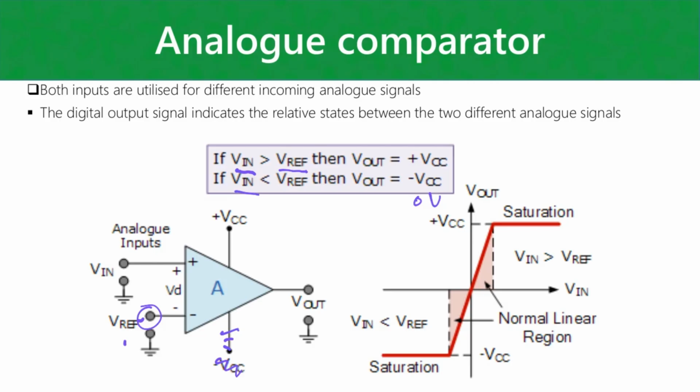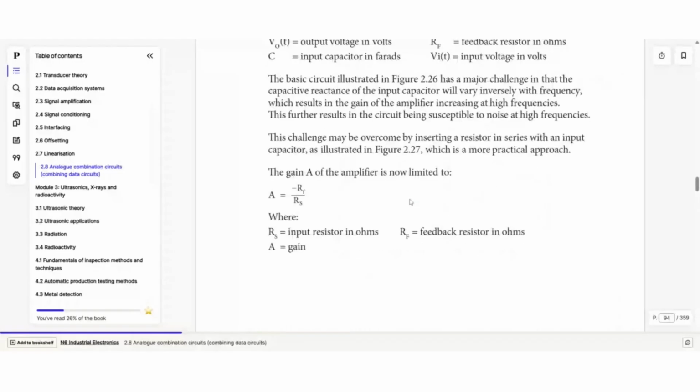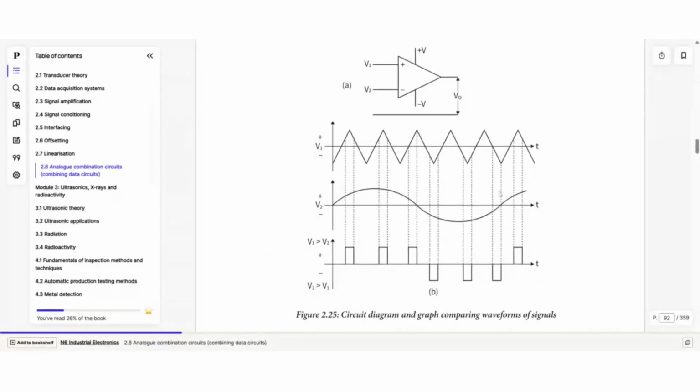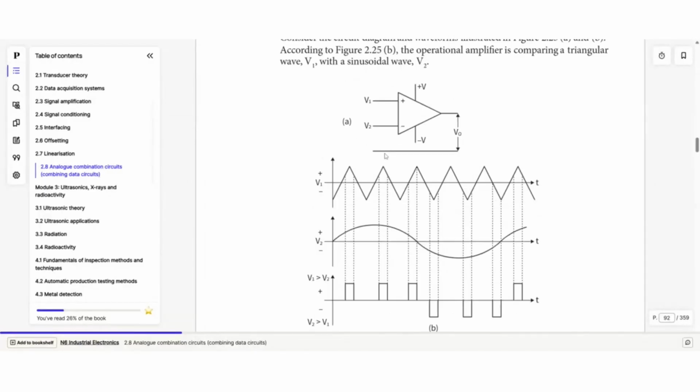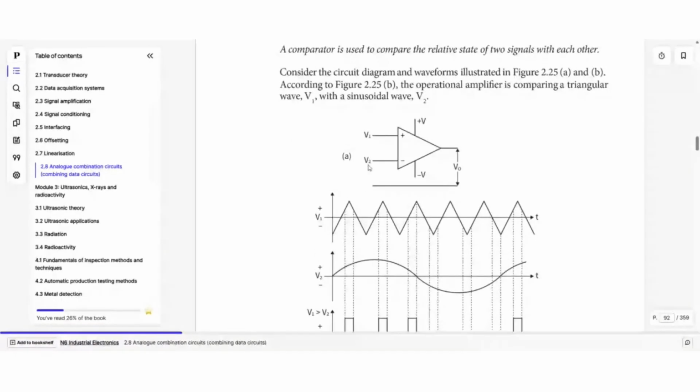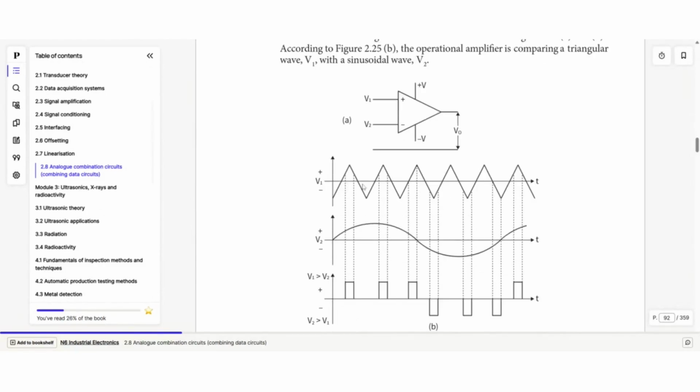I'm just going to quickly jump to the textbook here. Just want to show you guys the graph that's used here. Right, so essentially what we're given here, I just want to see which is our reference signal. Your reference signal doesn't necessarily have to be a DC signal. It can be something like a sine wave, for instance. I believe here the reference signal is your sine wave.